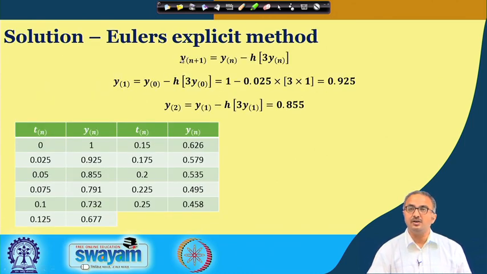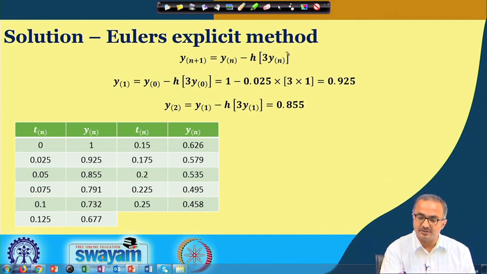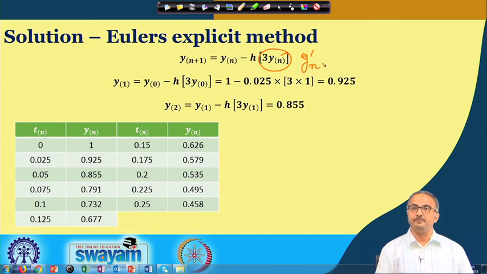So here is the formula of Euler's explicit method. Here we have y n plus 1 is equal to y n minus h into f of y n. This basically represents the given function y prime at n. So this is, in general, the expression for Euler's explicit method.